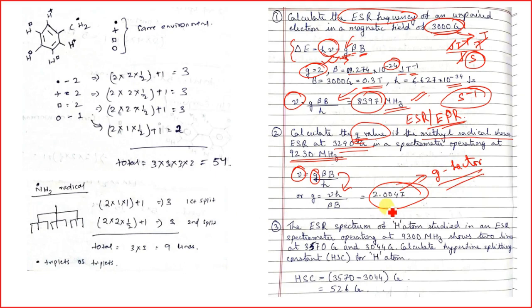Alright. And the last type of question you may get is: the ESR spectrum of hydrogen atom studied in an ESR spectrometer operating at 9300 megahertz shows two lines at 3570 Gauss and 3044 Gauss. Calculate the hyperfine splitting constant, HSC, for the hydrogen atom.